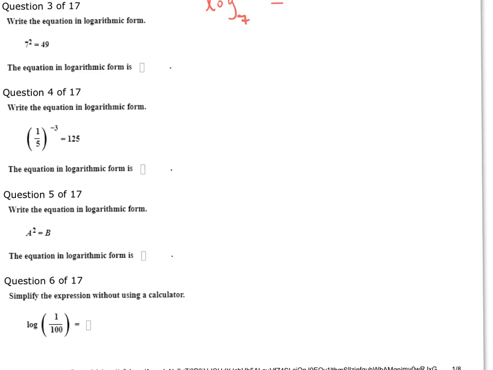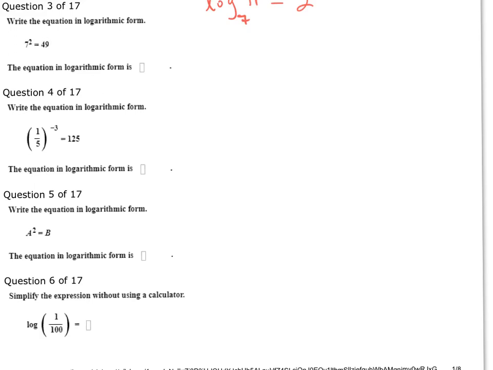So the exponent here is 2. So that's what's going on the other side. And the argument is this piece right here. So what this is really saying is, when you have log form, the translation is: 7 raised to what power gives me 49. That's what that translates to.